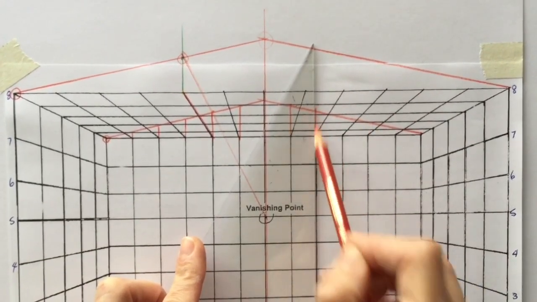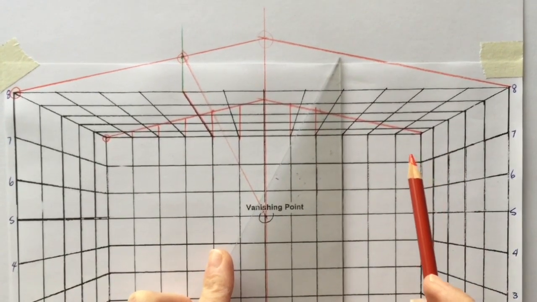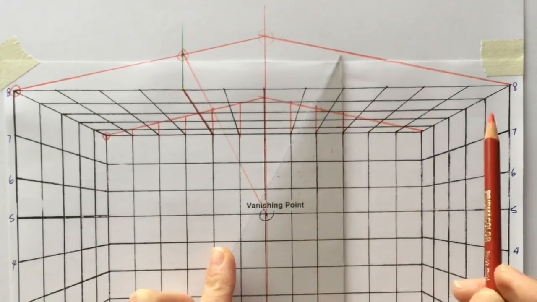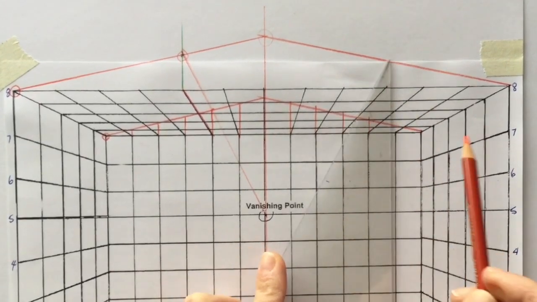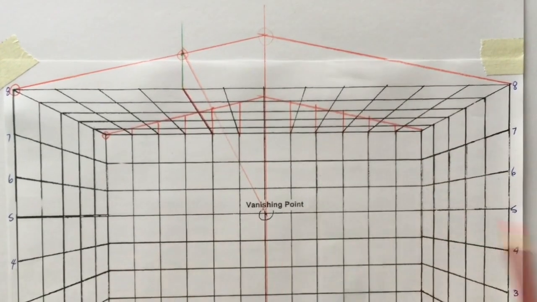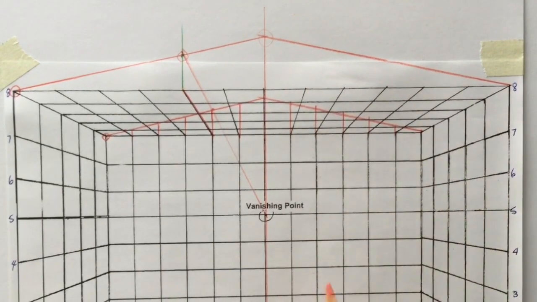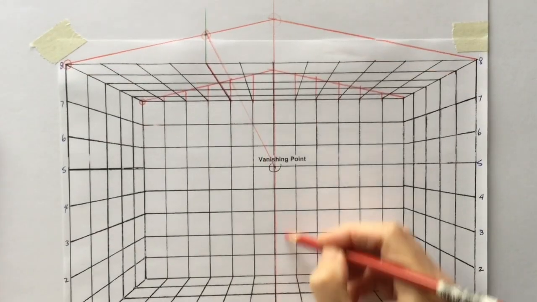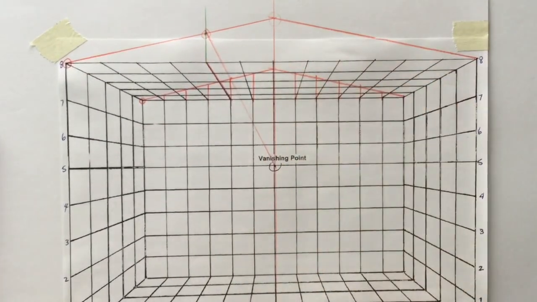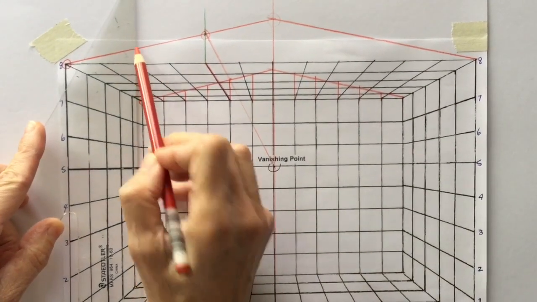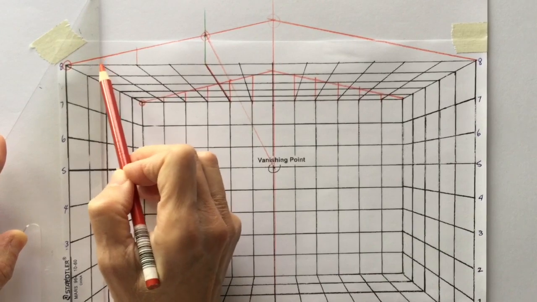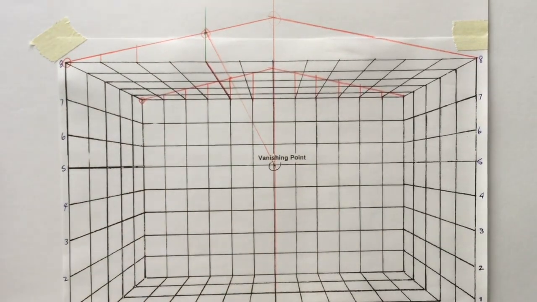Now, all of our information is coming, as you know, from our floor plan and our elevation. So we'll have to have a look at that. This wall extends now from this line of the floor all the way up to that red line that forms our gable. And that's true at the front as well. You could put all of these in, but we won't take our time to do that just now.